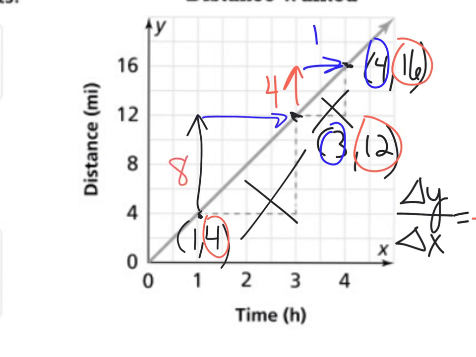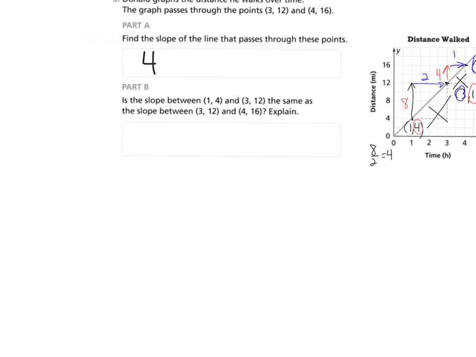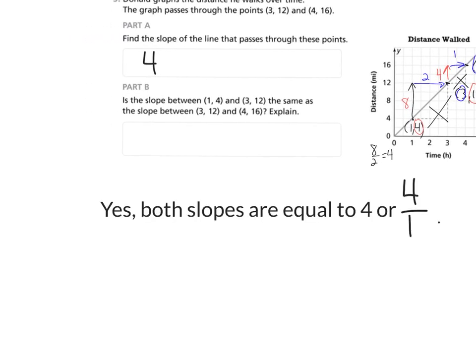We go from 1 to 3, so that's going over 2, so up 8 over 2. 8 divided by 2 also is 4. So the answer is yes. And we could say something like both slopes are equal to 4 or 4 over 1. So this gives you an idea of how to work with rate of change and slope.